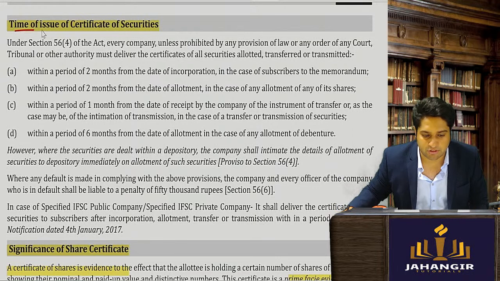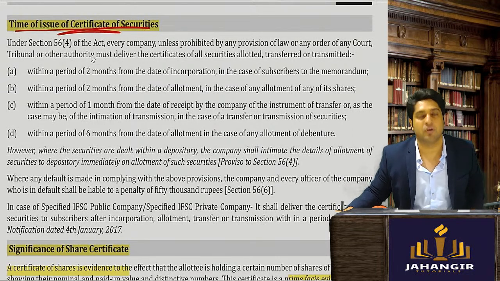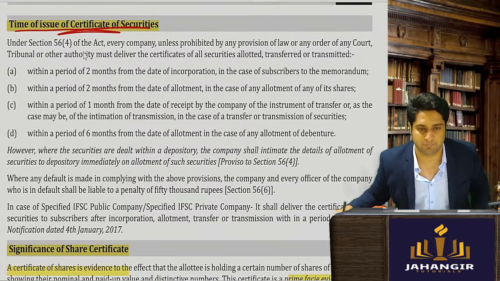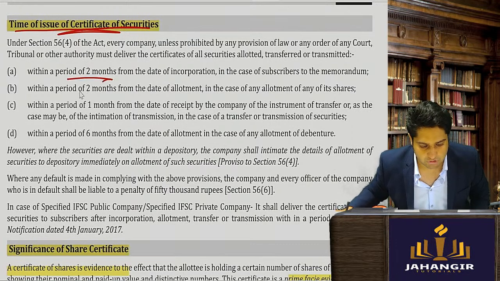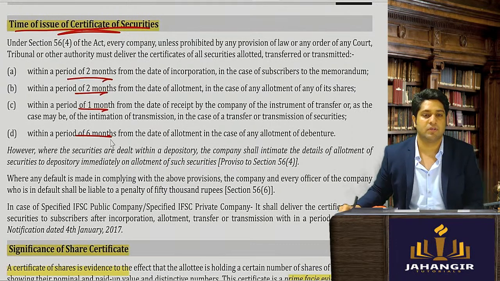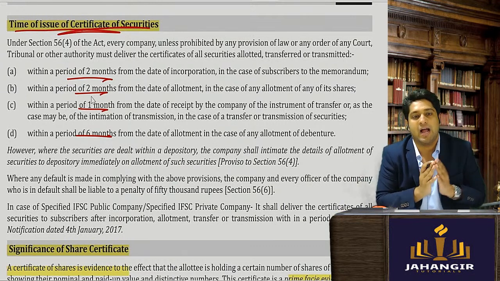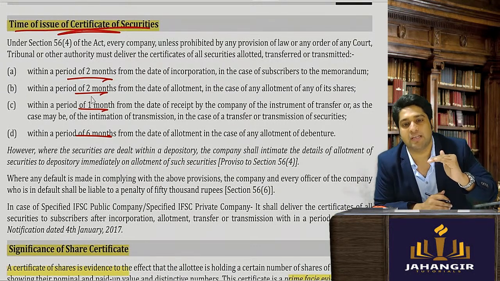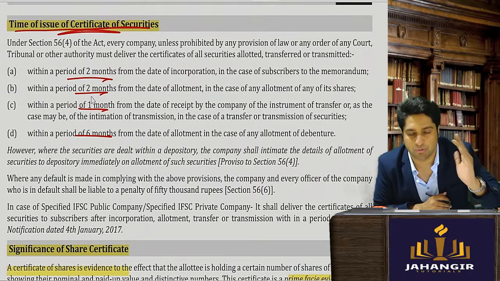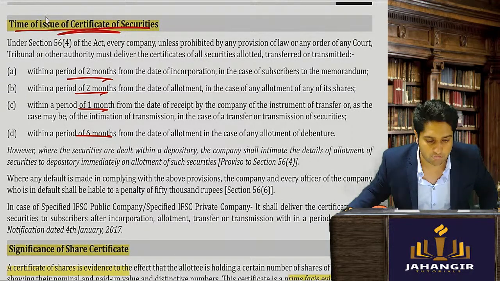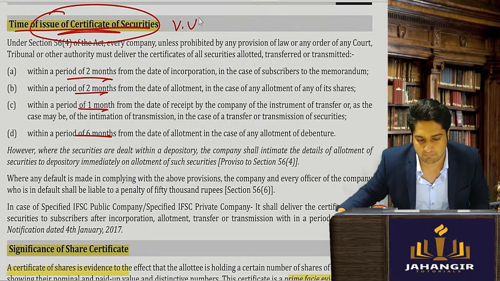Now, time limit to issue the certificates. Very, very simple. Remember this: 2 months, 2 months, 1 month, 6 months. So if you have subscribed, in how much time should we issue the share certificates to you? Issue of share certificates is very, very important.